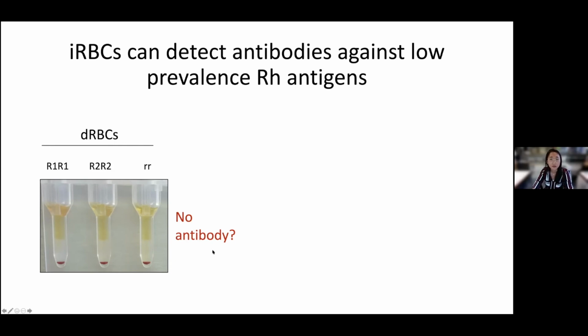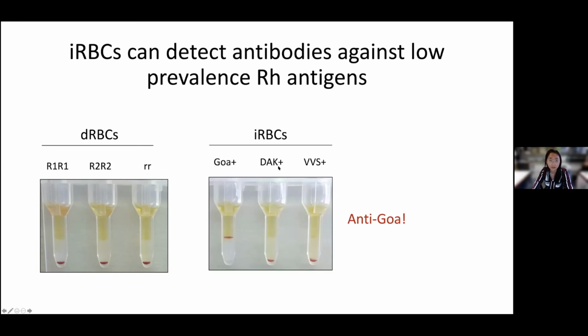So you would move on to our customized IRBC panel for low prevalence Rh antigens. And if you see this really strong agglutination pattern with an IRBC that's GOA positive, but no agglutination with IRBCs that are DAC single positive or VVS single positive, it would lead you to conclude that the antibody that's in the plasma is against the low prevalence antigen GOA.